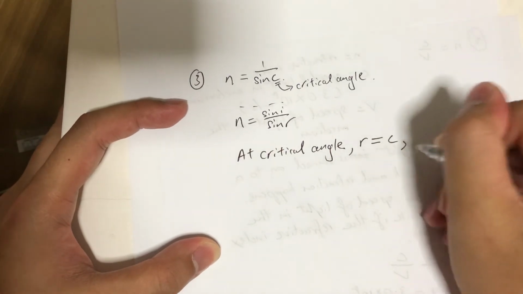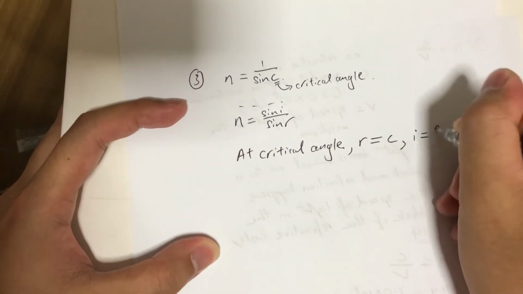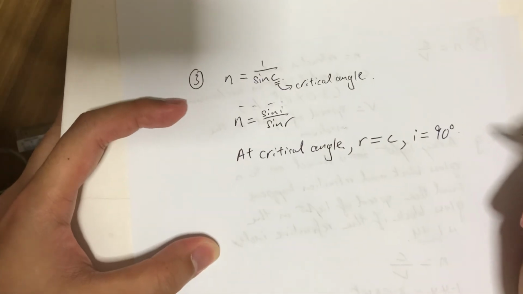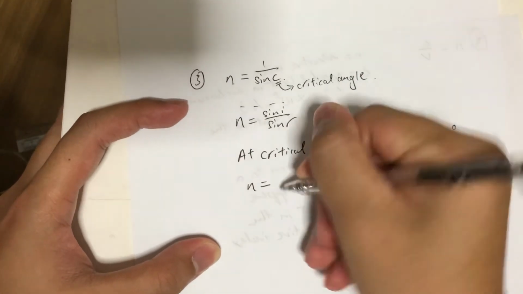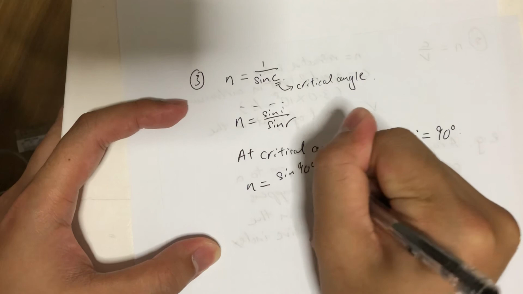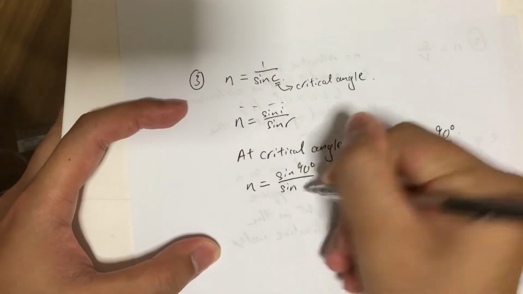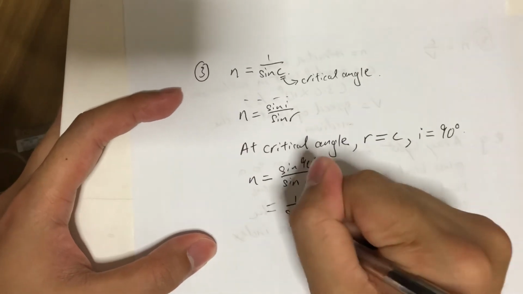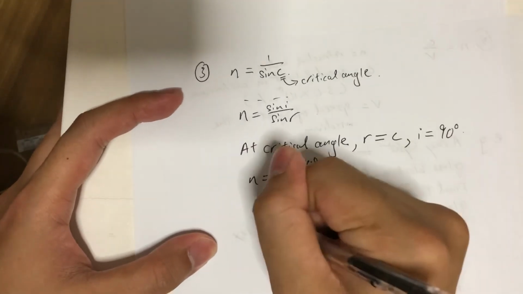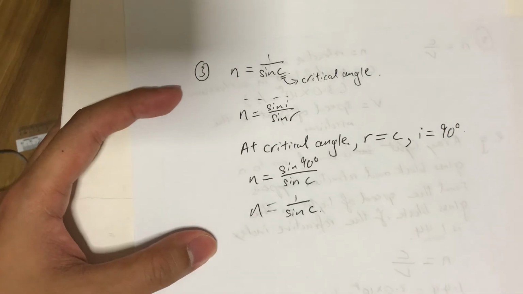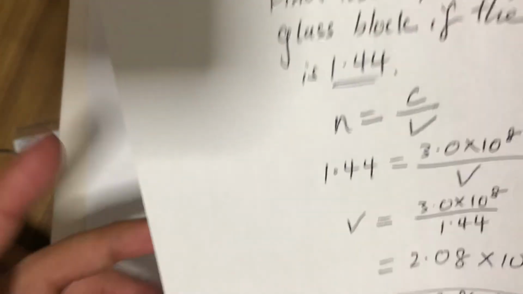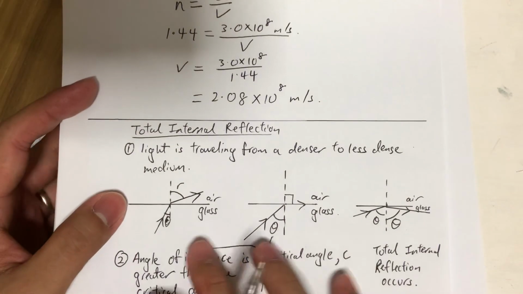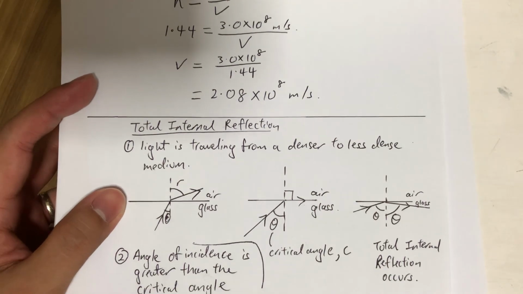At the same time, the i is equal to 90 degrees. So by applying these two, n would be equal to sine 90 over sine c, which would come out as n is equal to 1 over sine c. So knowing the critical angle is very important because it is able to tell us whether total internal reflection will take place or not.